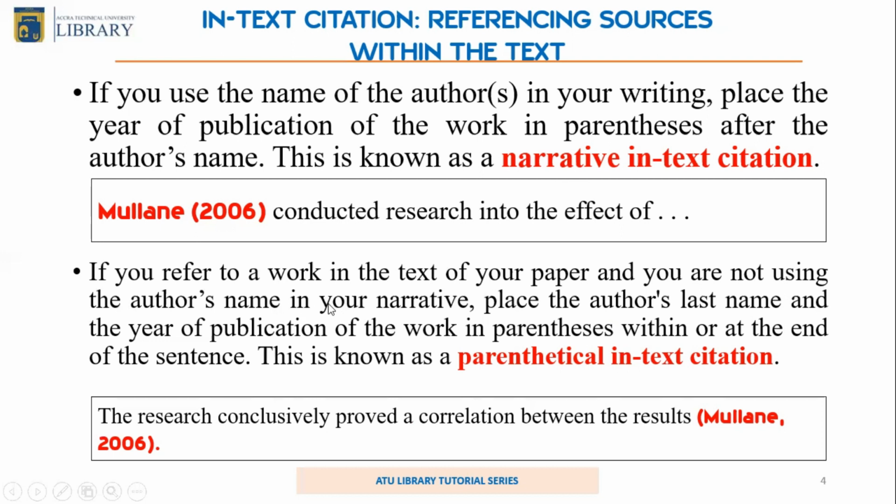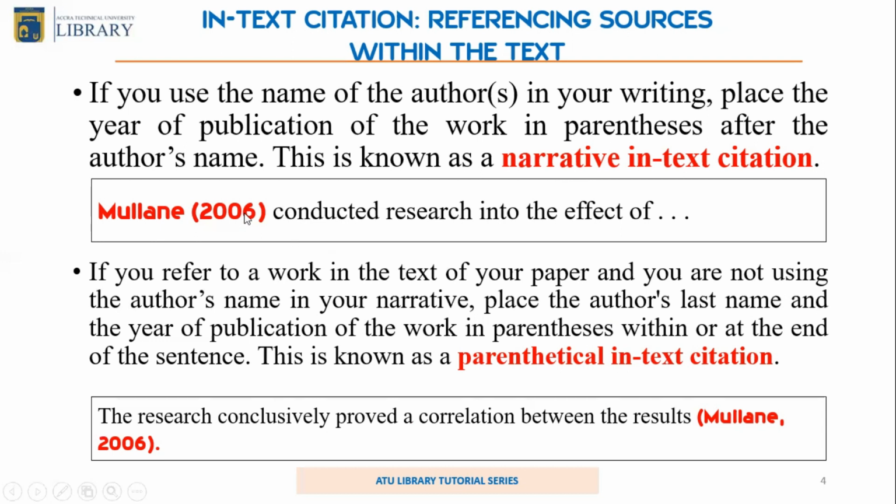Moreover, if you refer to a work in the text of your paper, and you are not using the author's name in your narrative as indicated above, now you place the author's name and the year of publication of the work in parentheses within or at the end of the sentence. Now, when you do that, it is called the parenthetical in-text citation.